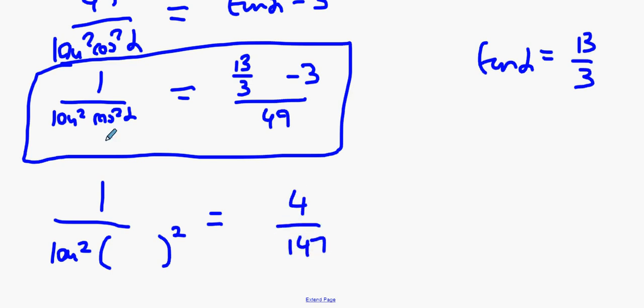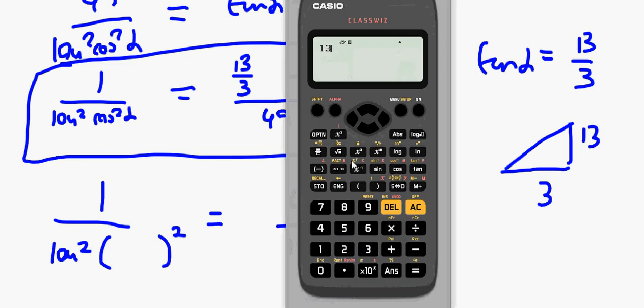I need to find out what cos alpha is. Any suggestions on how I find out that? That's 13. That one is 3. So if I did Pythagoras' theorem, I'll get 13 squared plus 3 squared, which is 178.